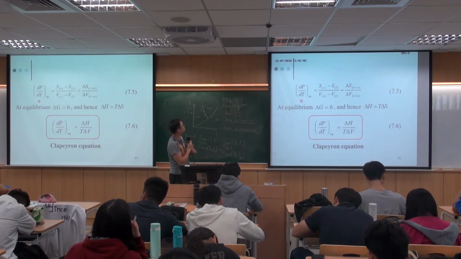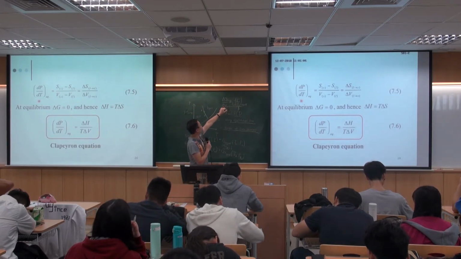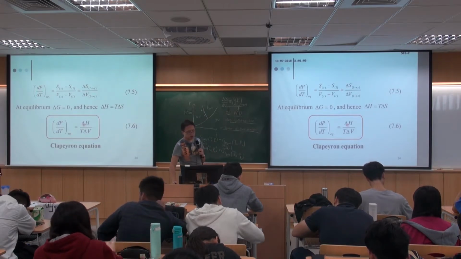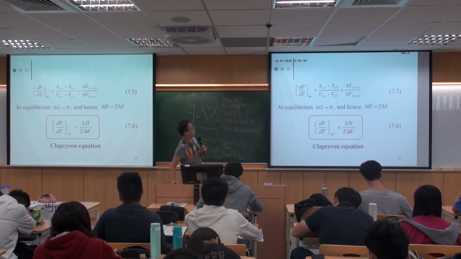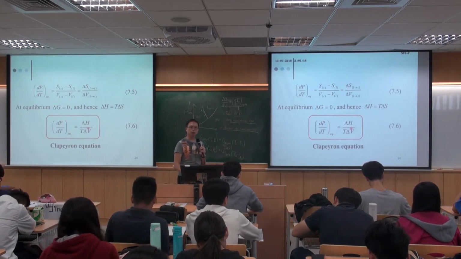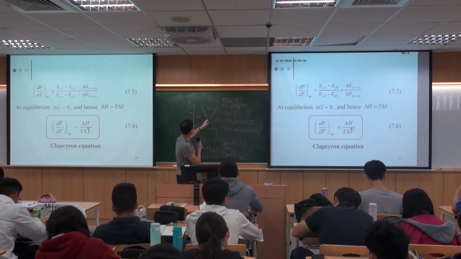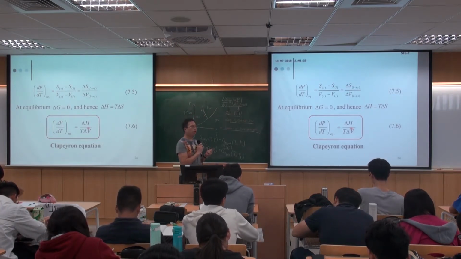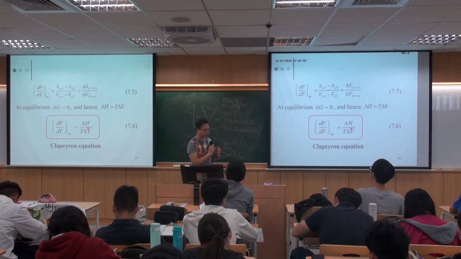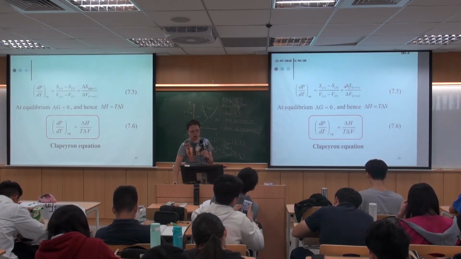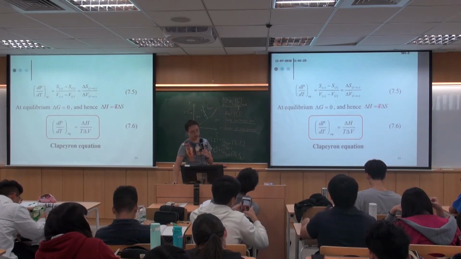And this equation can be further simplified to delta H over T over delta V. The reason why we can do that is because we know that at equilibrium points, along this line, the delta G is always 0. Therefore, delta H is T delta S. And here we have delta S, so it's delta H over T.